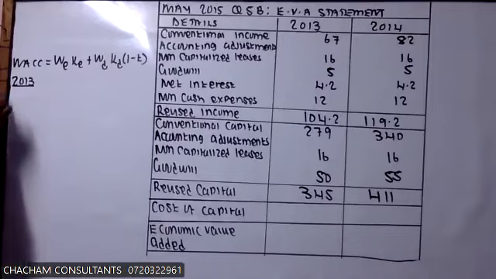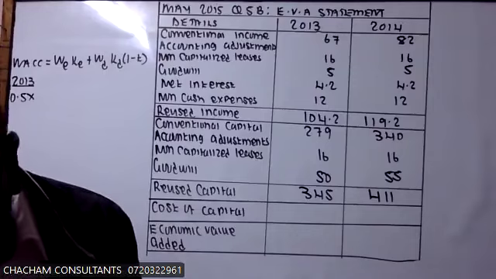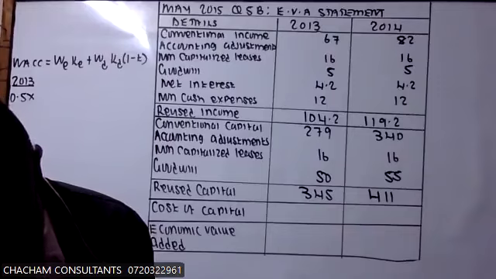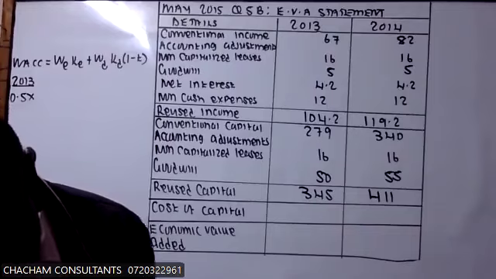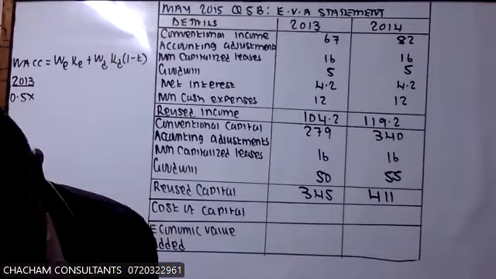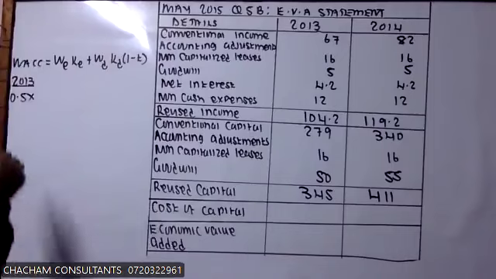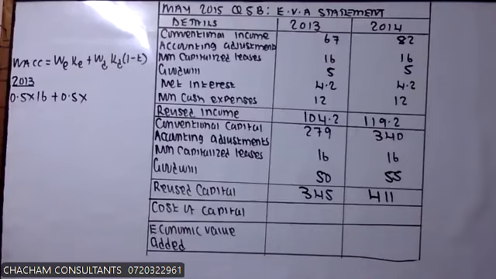So this will be 0.5 times the cost of equity in 2013, which is mentioned in information 5. It is 16%, plus 0.5 times the cost of debt.